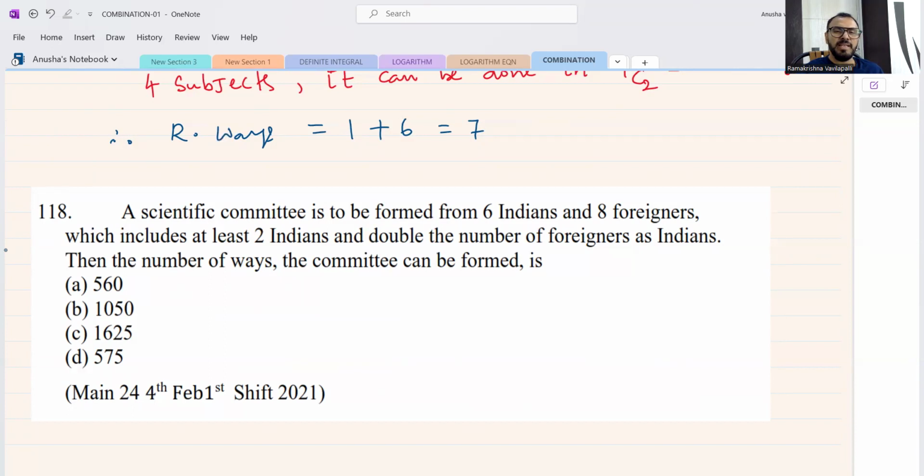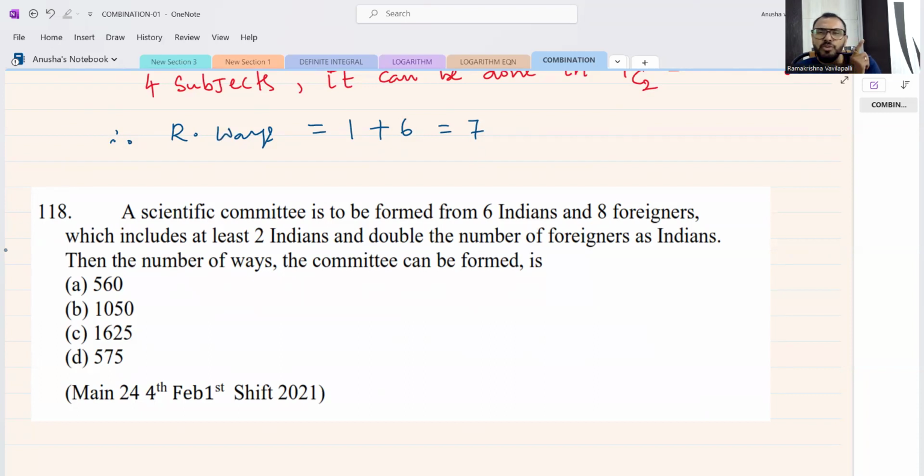A scientific committee is to be formed from 6 Indians and 8 foreigners, which includes at least 2 Indians and double the number of foreigners as Indians. The number of ways the committee can be formed is?